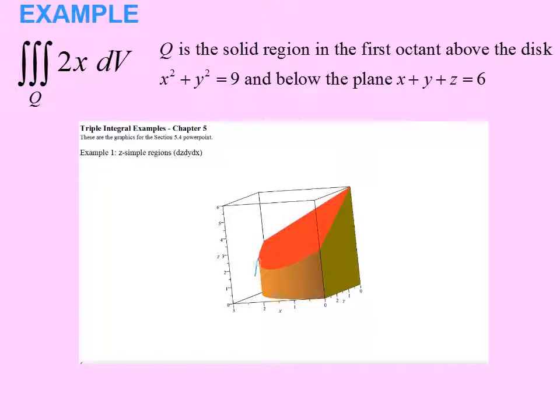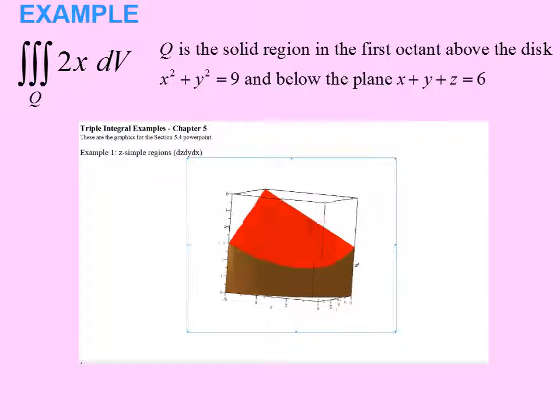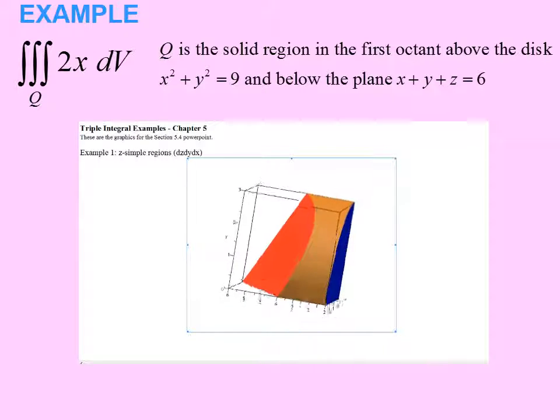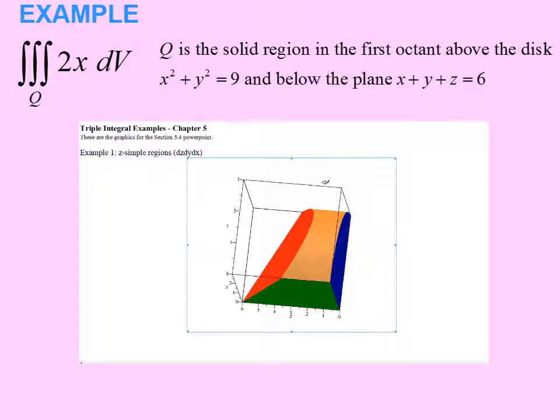And if we take a look at a different position, in this position we see the z-axis here. A line parallel to the z-axis would enter this blue surface and exit on the red surface.